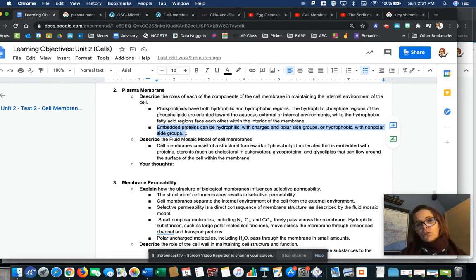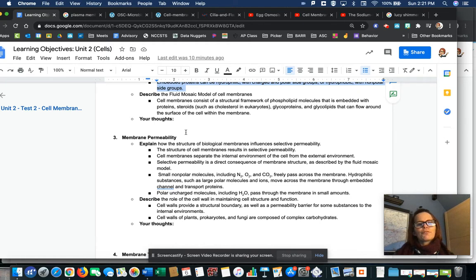Now, you could theoretically have a protein that's completely embedded in the cell membrane, and that one would be hydrophobic, or you could have some proteins that are entirely hydrophilic, and they would be sitting on either side of the plasma membrane. So they would sit either at the top or at the bottom of the plasma membrane, but they wouldn't go all the way through. So I felt like that was a little bit misleading.